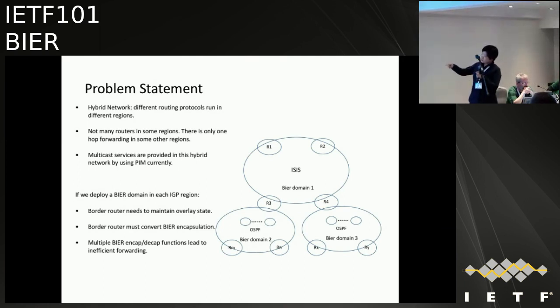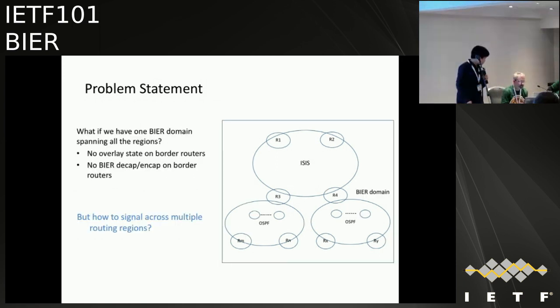The border routers, such as R3 and R4, need to maintain the multicast flow overlay state, and must convert BIER encapsulation. So in this network, there are many BIER encapsulation and decapsulation functions running. Next, please.